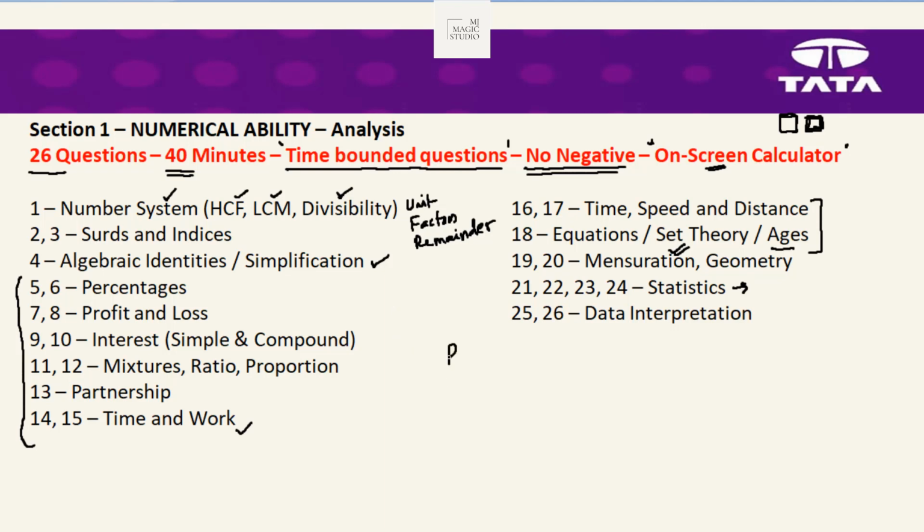To dwell deeper into arithmetic, please go through our rule book. All rules from rule number 1 to rule number 9, link is there in the description. These rules will help you gain shortcut knowledge, and if you practice those rules, life at solving these questions will become pretty easy. So on this note, let's start now.